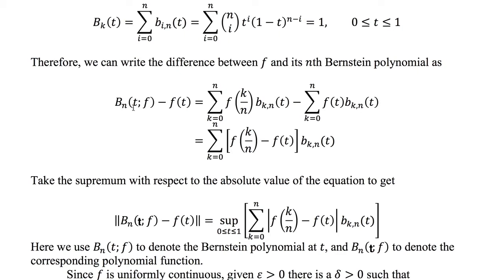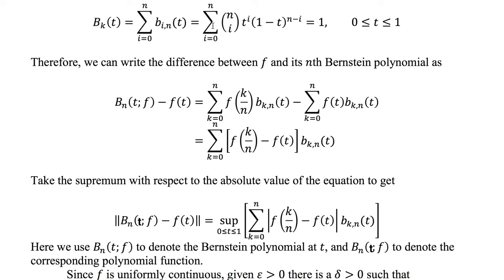So the difference between f and its nth Bernstein polynomial can be written in this form. Well, you may wonder why we can write it in this form. And this is because as the t is independent of the index here, we can factor it out and get the summation from k equal to 0 up to n.